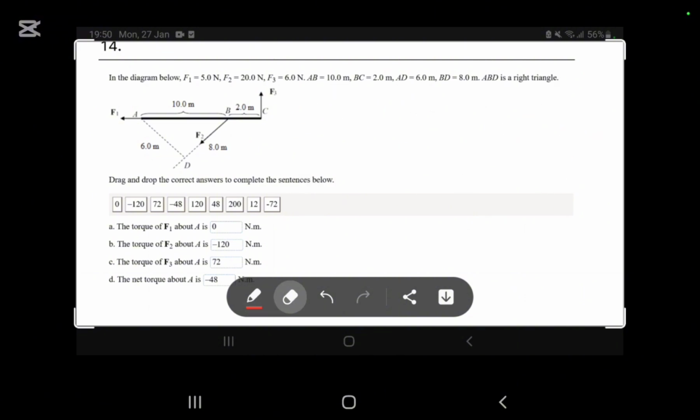The torque of F3 about A. So this is F3 and this is A. As we can see, the perpendicular distance is AC and F3 is 6. So it is 6 times 12. And again, we have to find out if the torque is negative or positive.